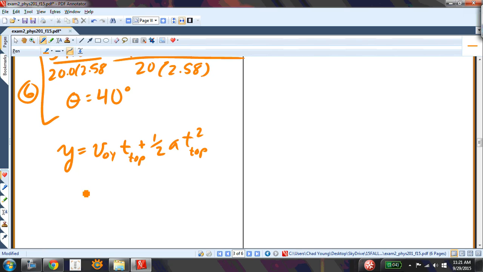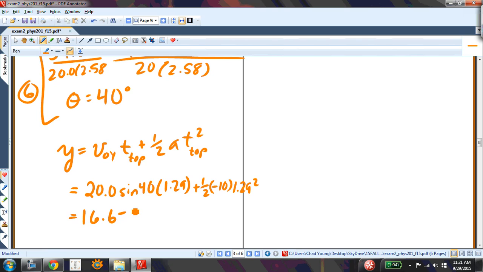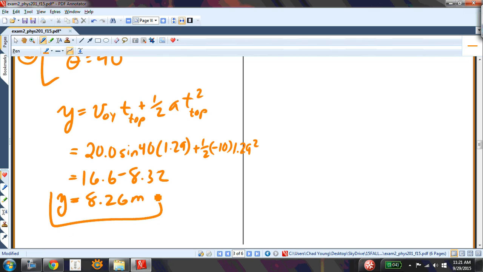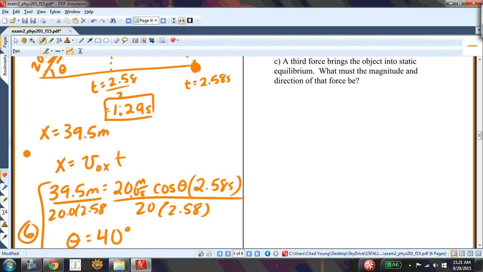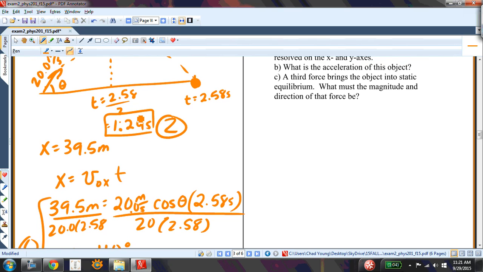So this is 20 meters per second times the sine of 40, times 1.29, plus 1/2 of negative 10 meters per second squared times 1.29 squared. That gives me 16.6 minus 8.32, which is 8.26 meters. That's my y position, my final answer. Consider this to be worth 7 points. And it was also important that you get the right time here, so this was another 2 points.